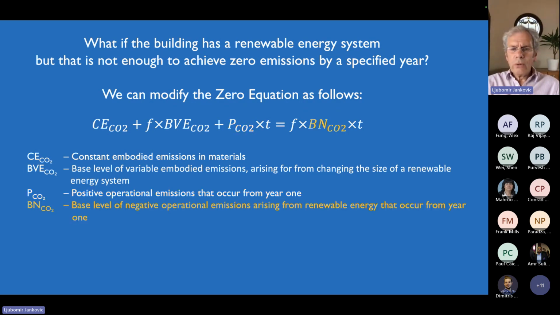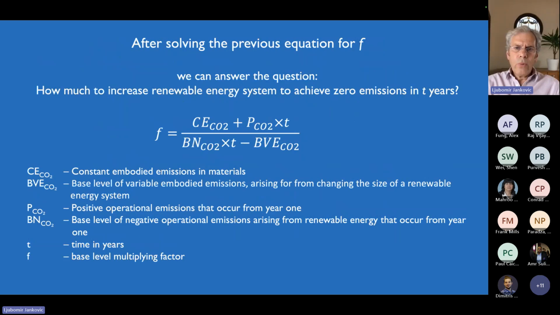And then on the right-hand side, we have base level of negative operational emissions arising from renewable energy system that occur from year one. And as before, T is time in years, and F is base level multiplying factor. So by solving this equation for F, we can answer the question, how much to increase renewable energy system to achieve zero emissions in T years.